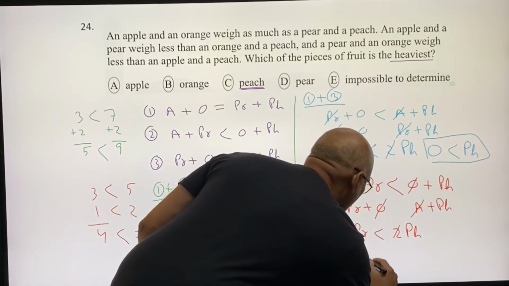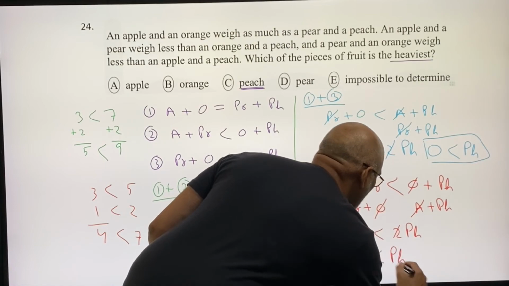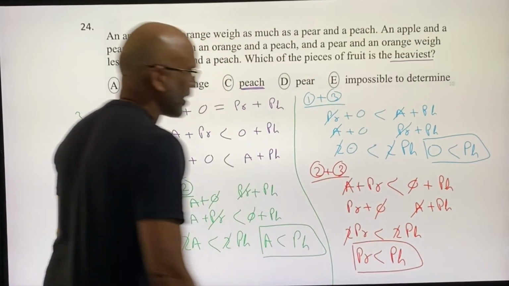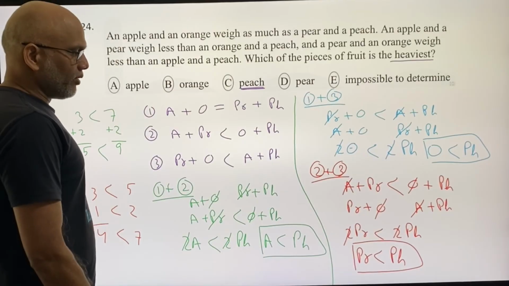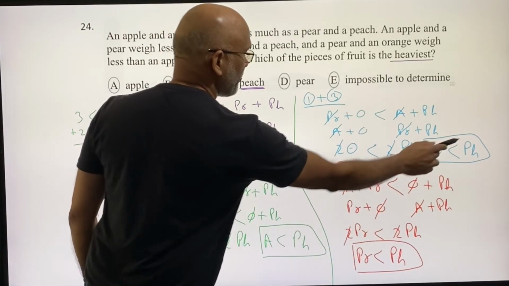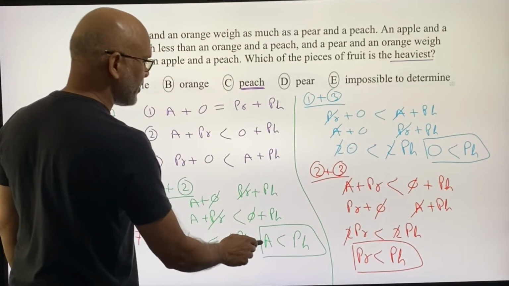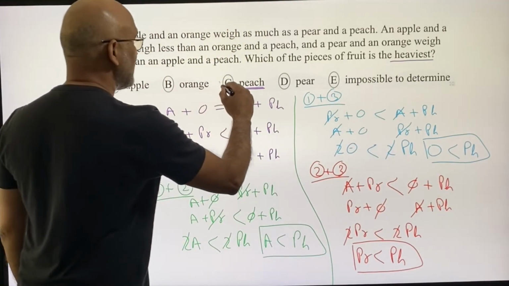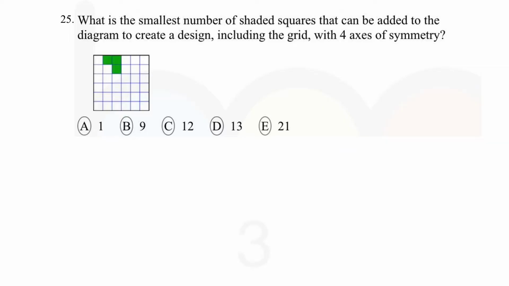This tells me PR is less than pH. Okay. So as you can see now, peach is heavier than pear, peach is heavier than orange, peach is heavier than apple. Then peach is indeed the heaviest fruit.